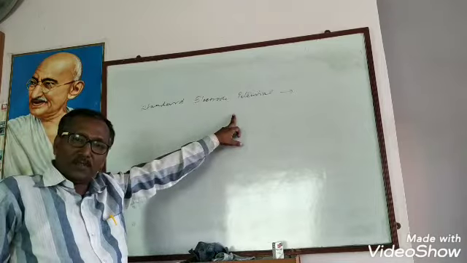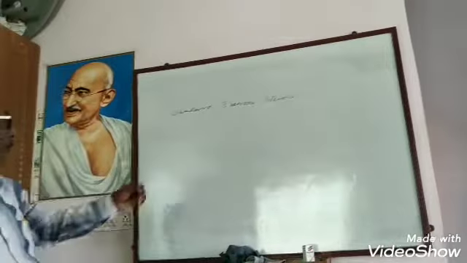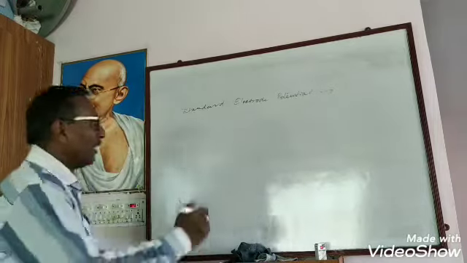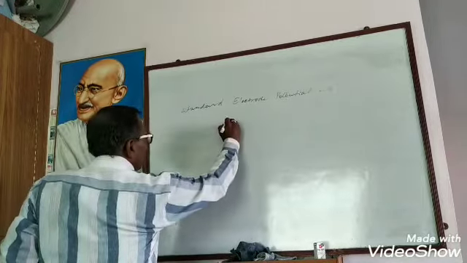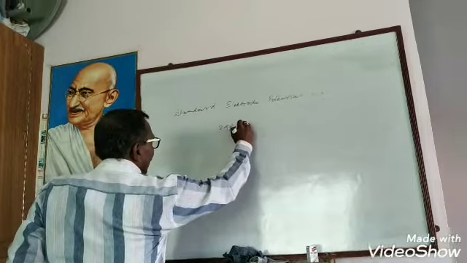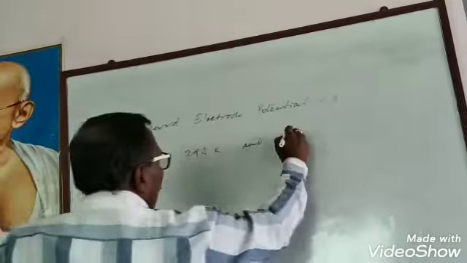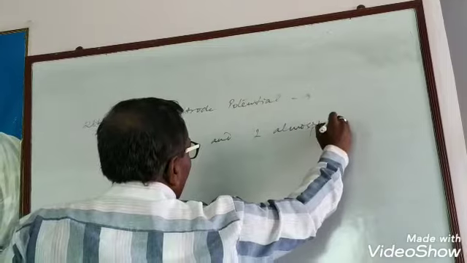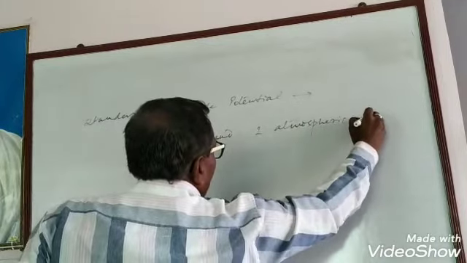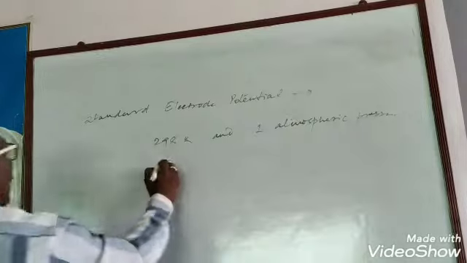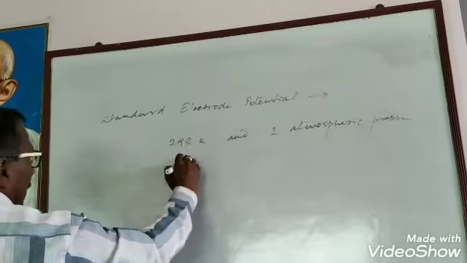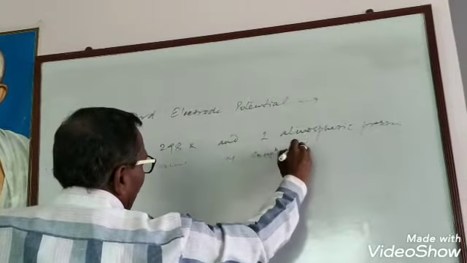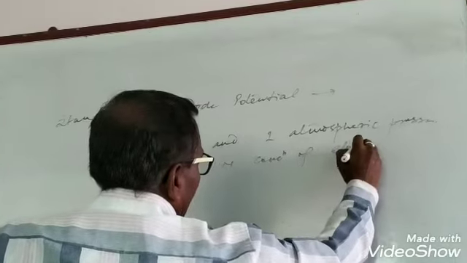Standard electrode potential. Standard electrode potential is the electrode potential of an electrode at a condition of 298 Kelvin and 1 atmospheric pressure, using 1 molar concentration of electrolyte.